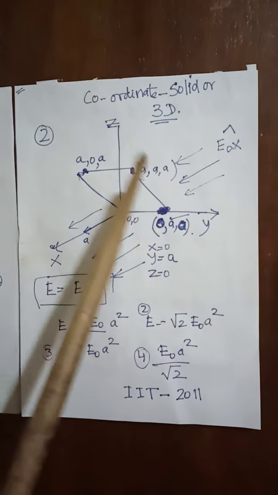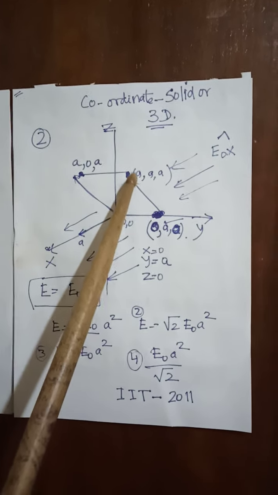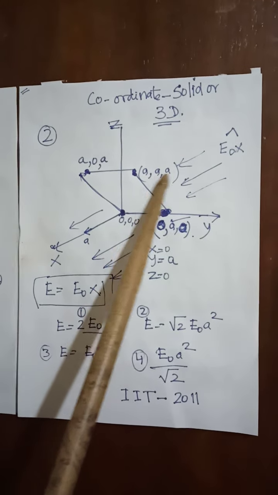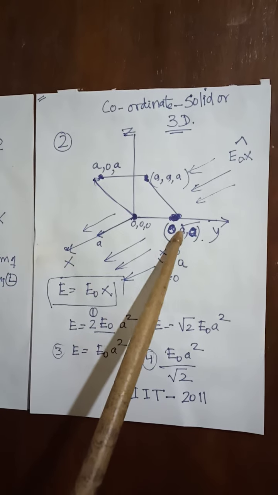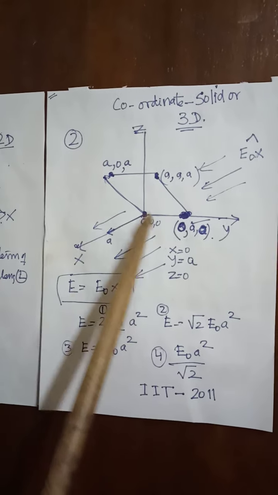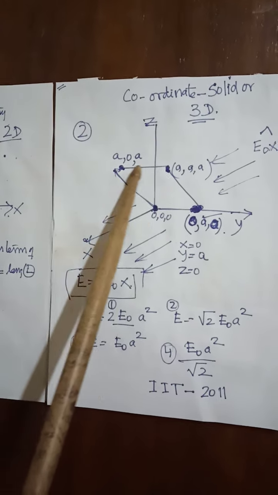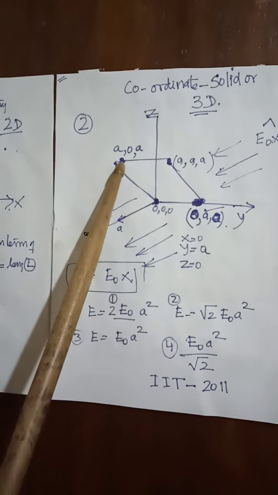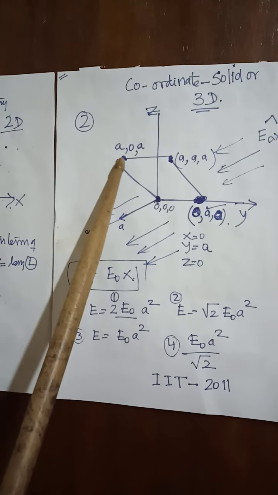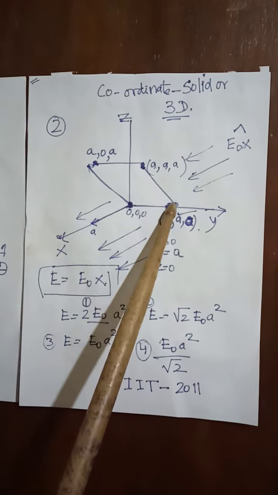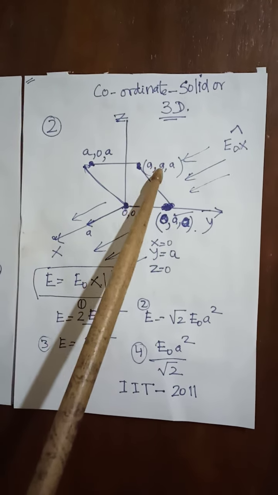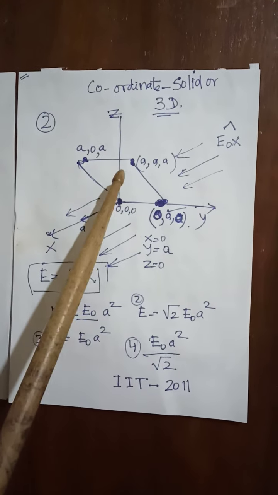See the area: you can see a, 0, a, 0, 0, 0. These are the coordinates of the corners. If you look at this, you will understand that this is not a square. Why?